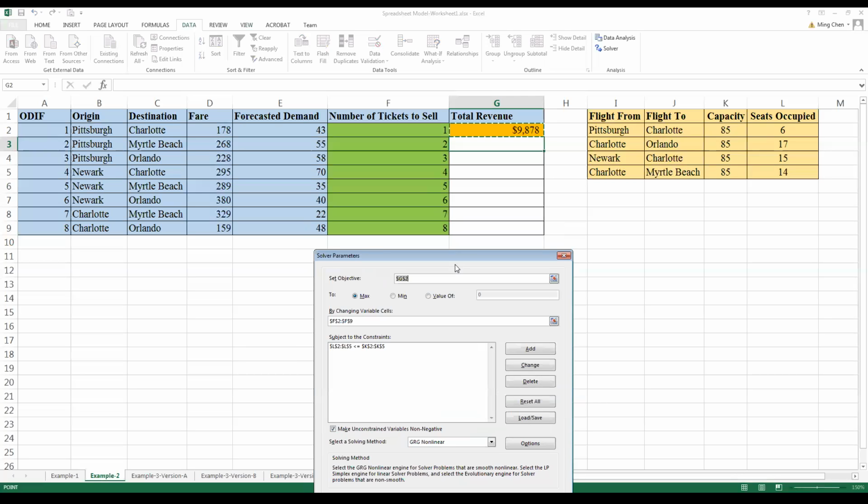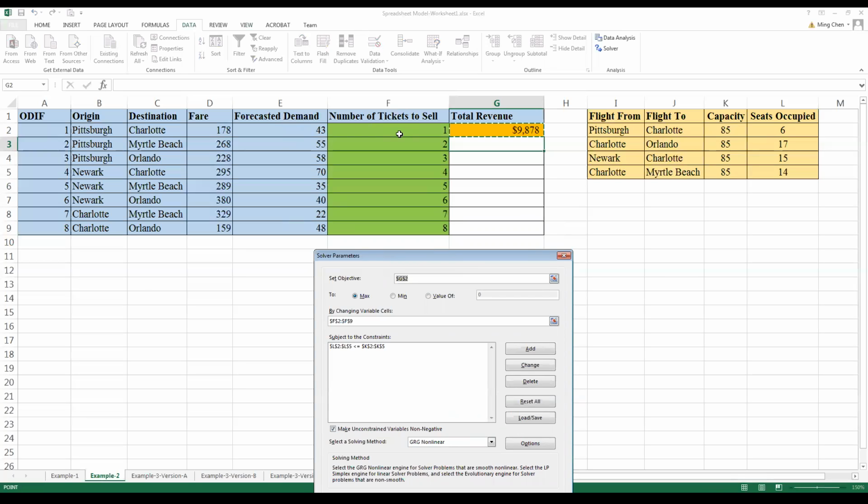Do we have more constraints? I have a second constraint. Column E shows the forecast demand. That's how many people are willing to buy a ticket. Column F shows the actual number of tickets you are going to sell.